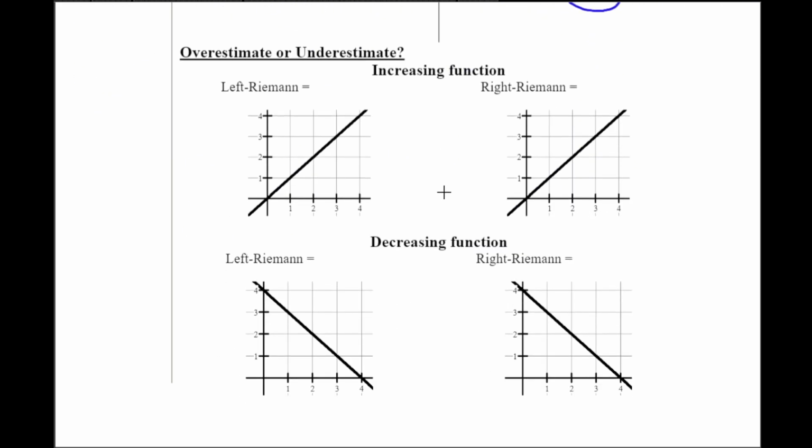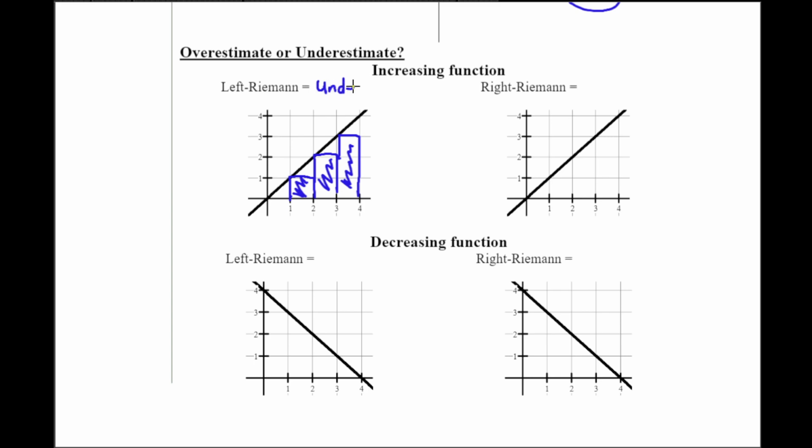So, overestimates or underestimates. If you have an increasing function, a function where the slope's positive, and you draw the left Riemann sum, from like 1 to 2, it's this rectangle, 2 to 3, and so on. You can see if you're using left Riemann sums for an increasing function, it's always underneath the curve.